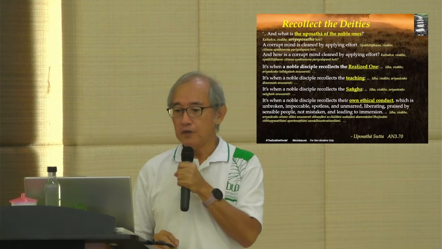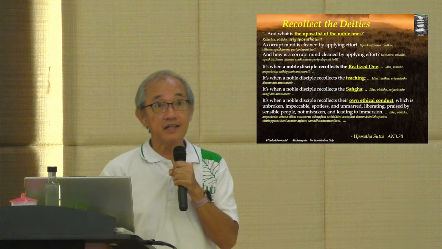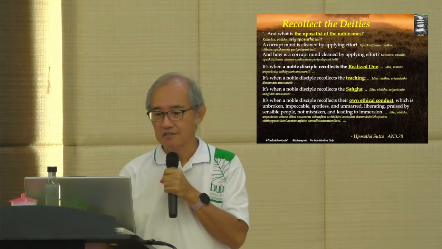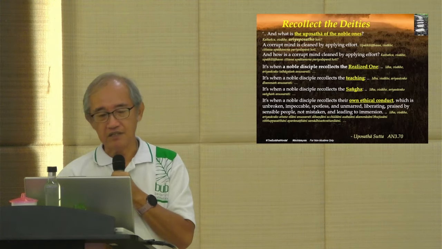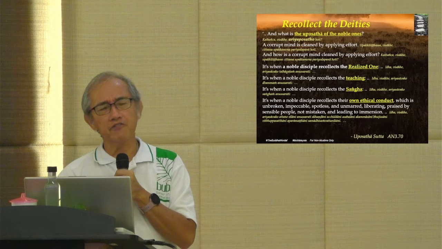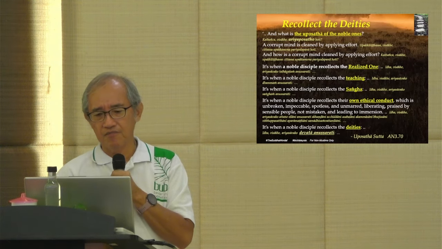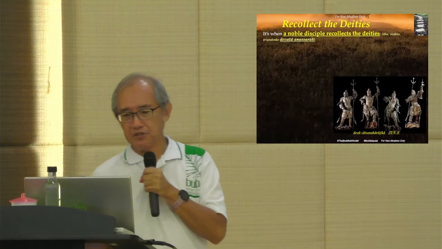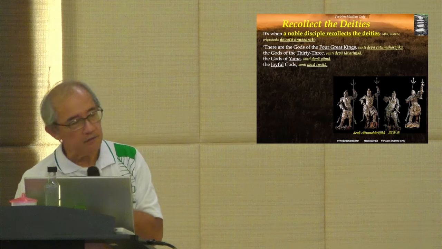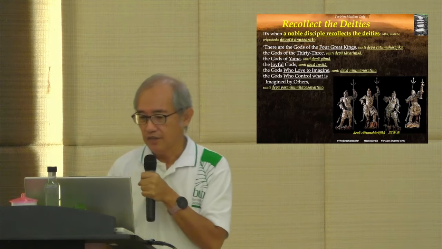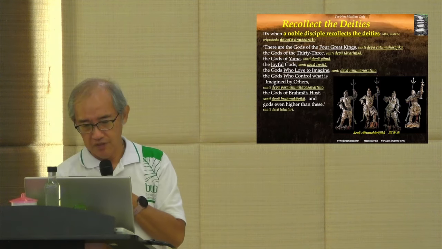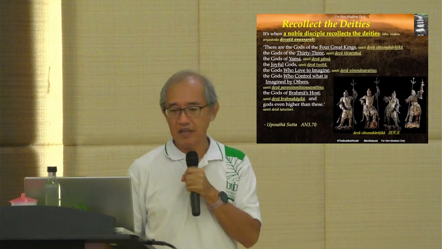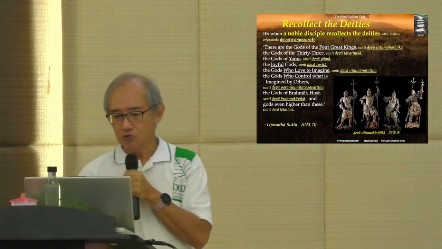And it's when a noble disciple recollects the deities. Devata Anusati, reflect on the deities. So what do you mean by reflecting on the deities? The bottom right picture, you should know, I got hold of the Chinese wording for this. Pali is called Deva Chatu Maharajika.